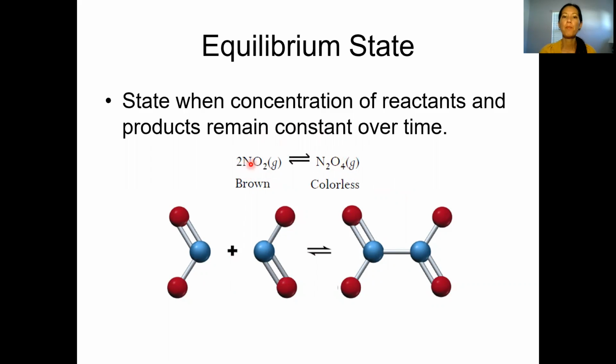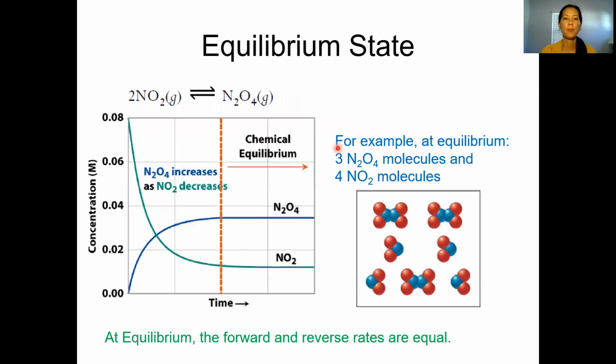So these are going back and forth. No matter what state you start at, meaning either all reactants or all products, eventually you'll keep going back and forth, and reach a state where you have the concentration of reactants and products constant over time. So that's what we're going to explore here.